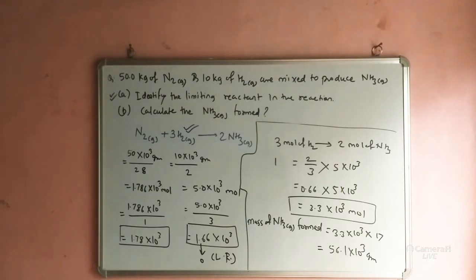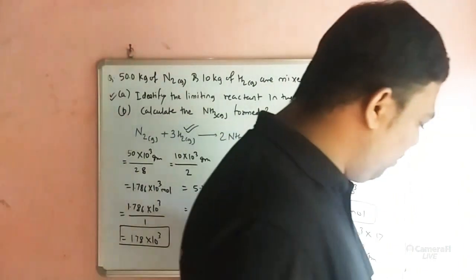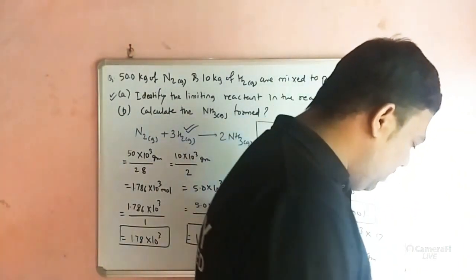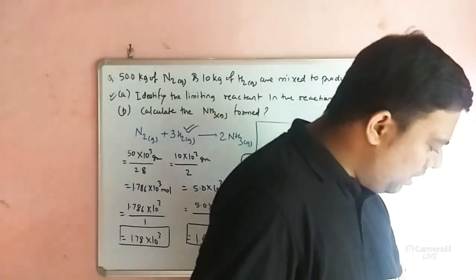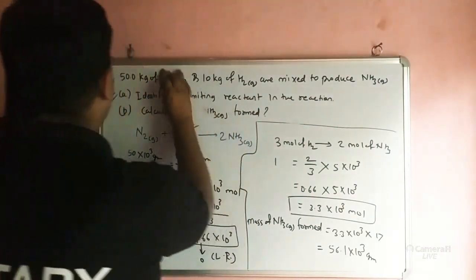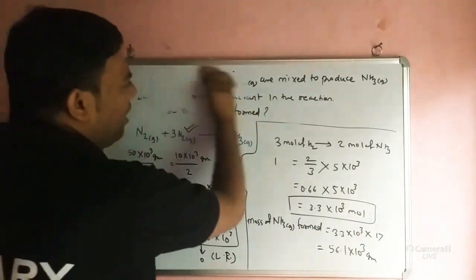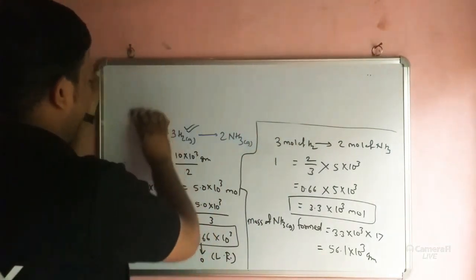So see here, we will solve a few other numericals also. So concentrate on that numerical, beta. Whatever numerical I am giving now, you can solve by your own way.